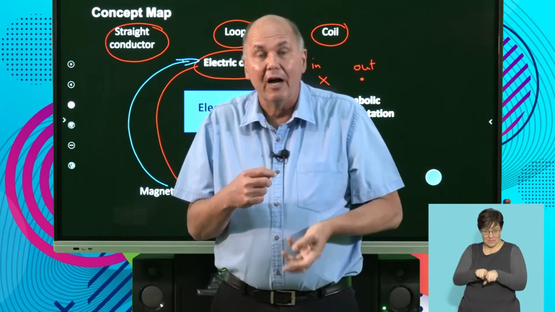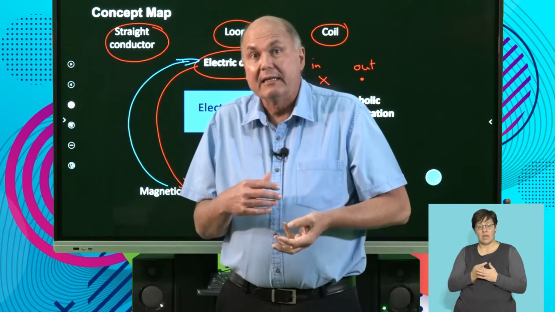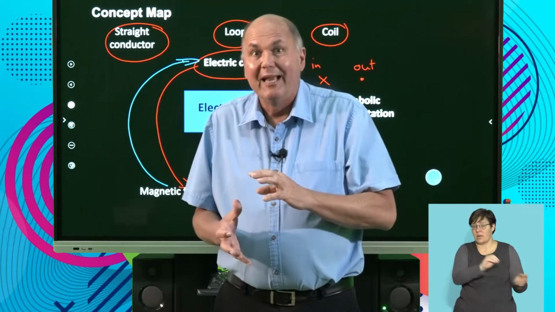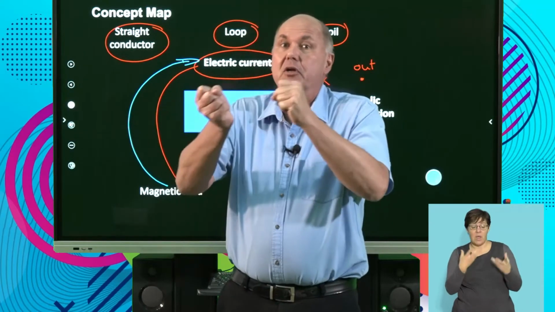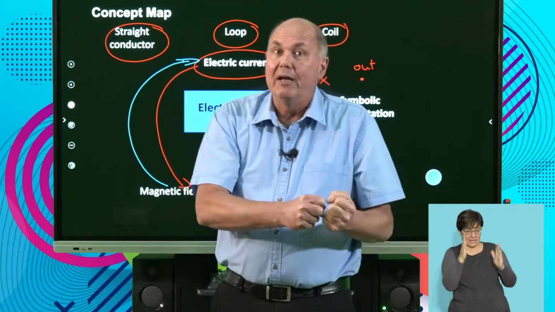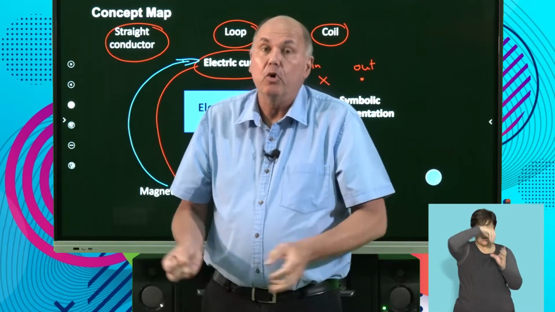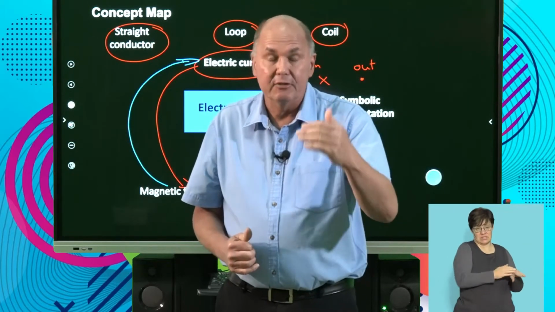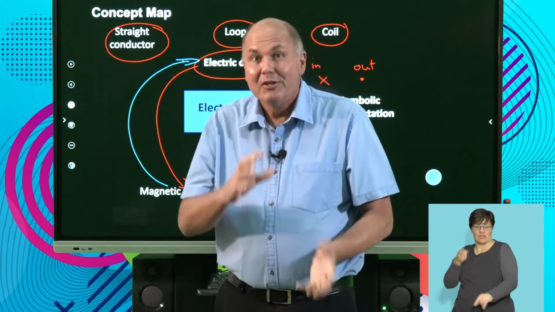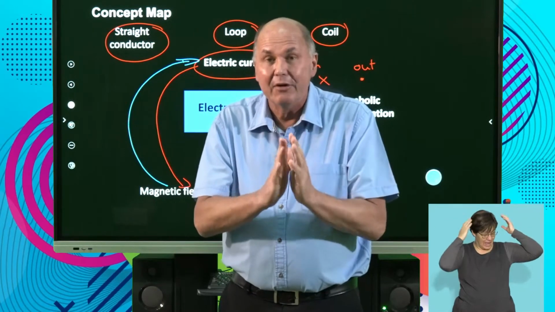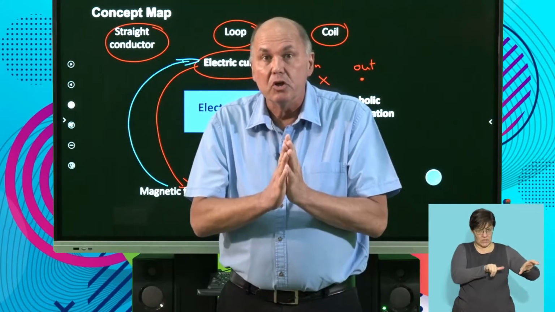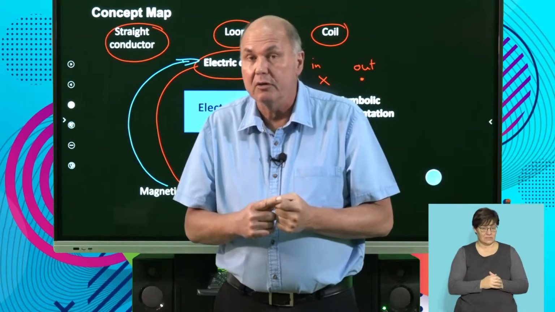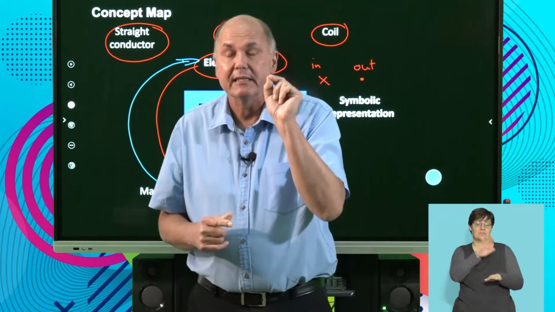We're going to start by looking at how current passing through a coil can produce motion. And then we're going to turn it around and say, if we have motion of a coil in a magnetic field, we're going to be able to produce electric current in a generator. So these things you've got to get clear in your mind, and you've got to be very careful that you don't get confused. And that's why we're going to take it step by step.